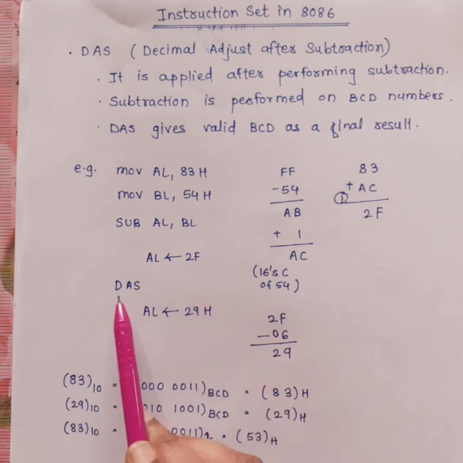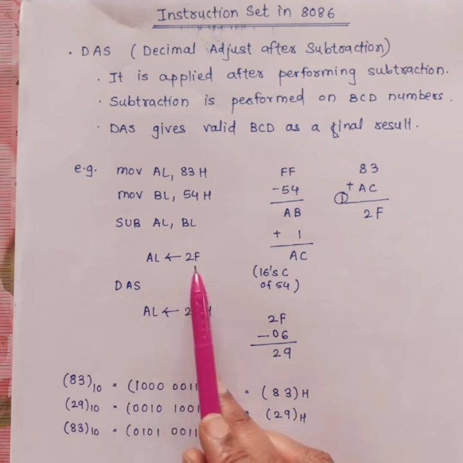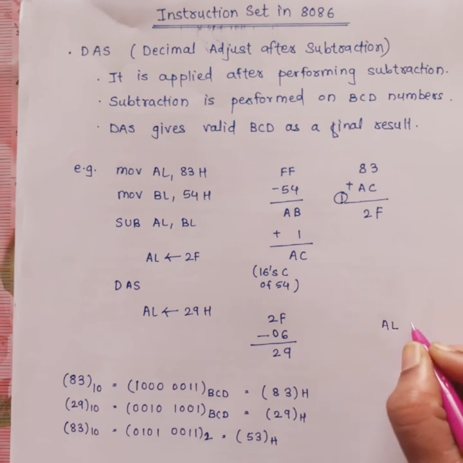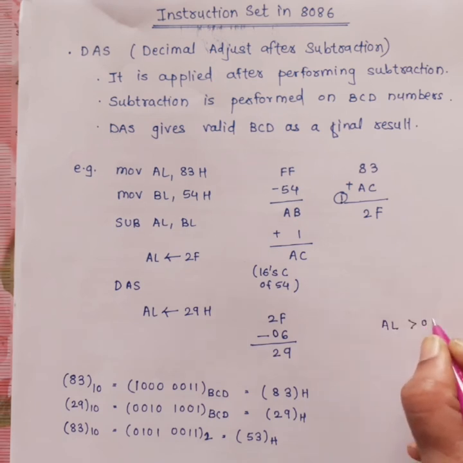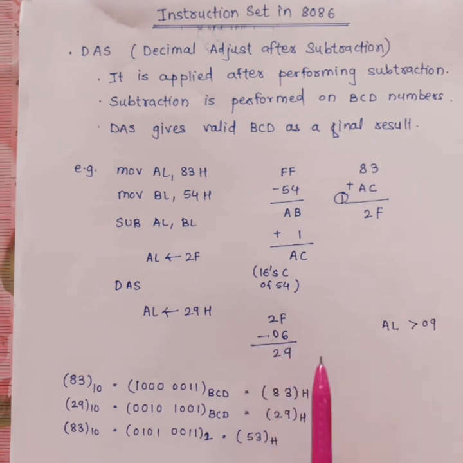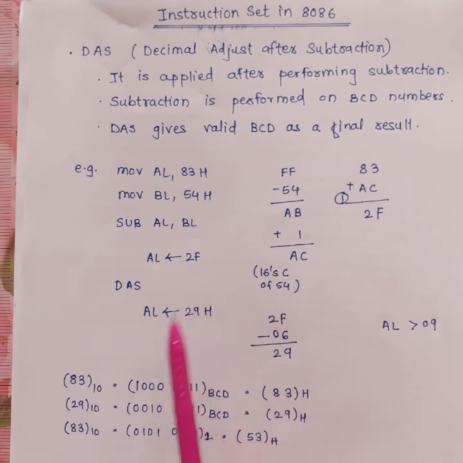Then on application of DAS, it checks the contents of this AL register. If the lower nibble of the AL register is greater than 9, then 06 gets subtracted from it. If the upper nibble of the AL register is greater than 9, then 60 gets subtracted from it.